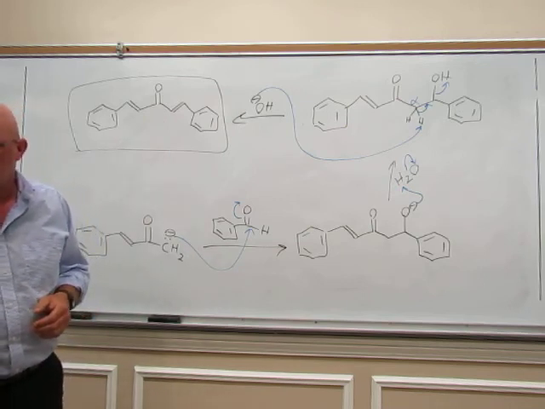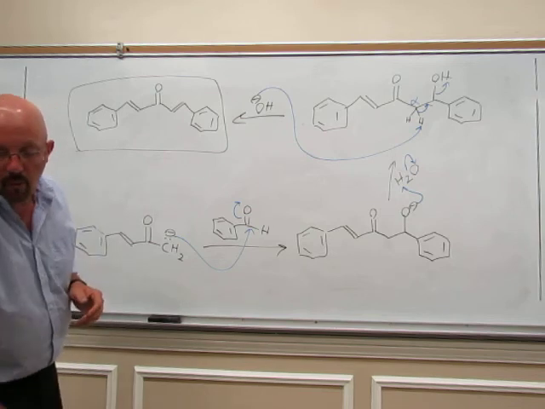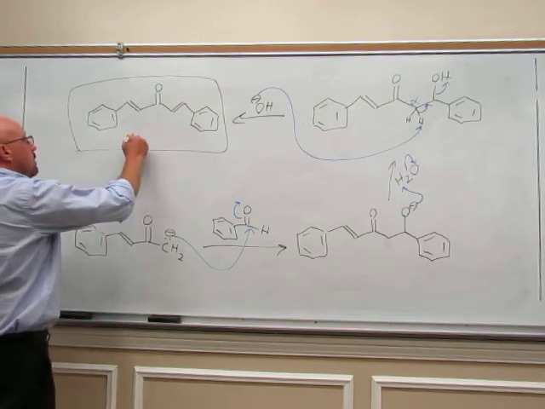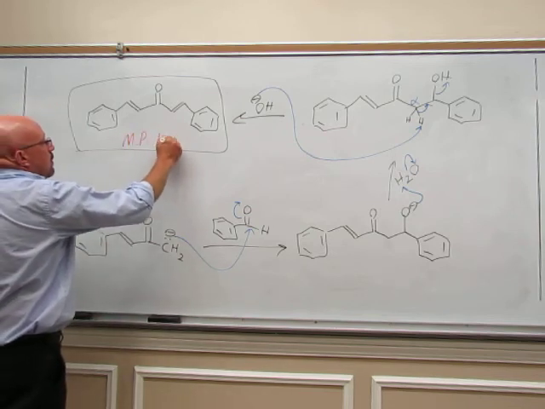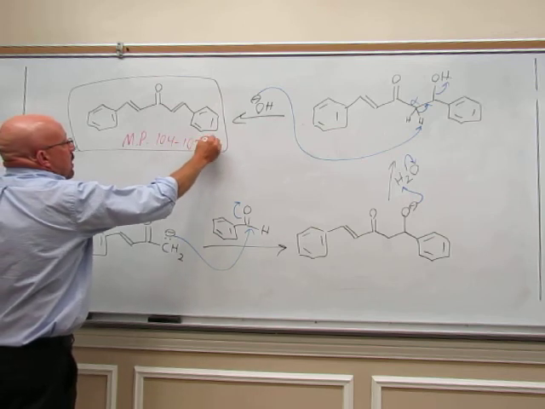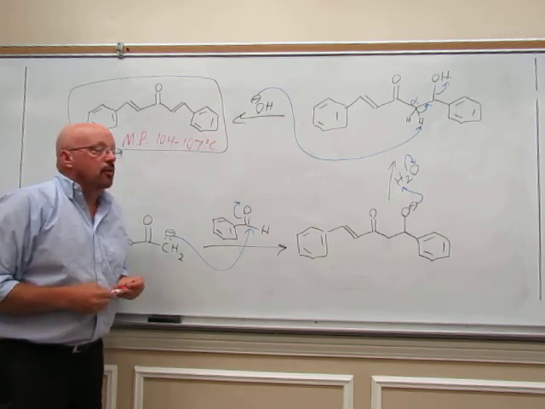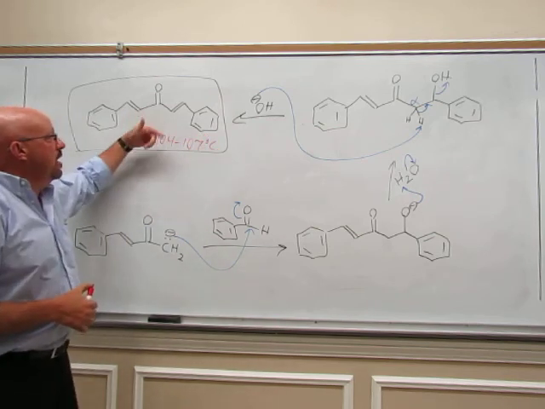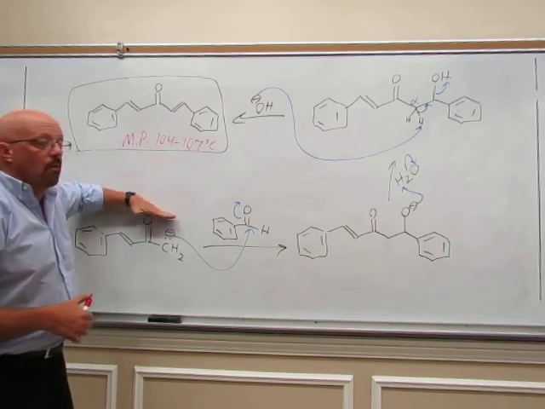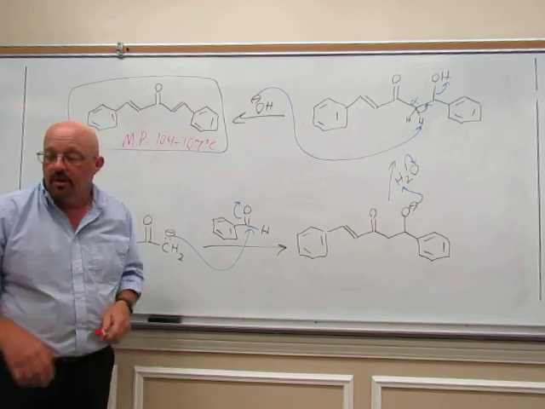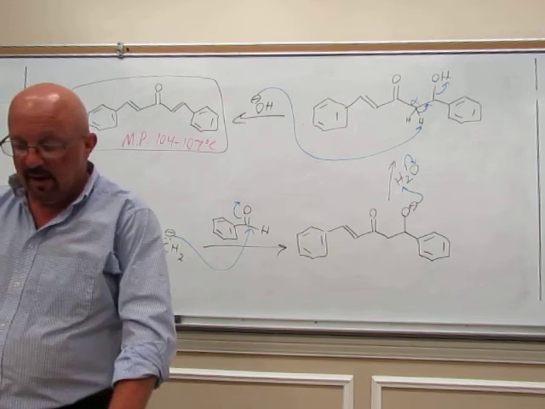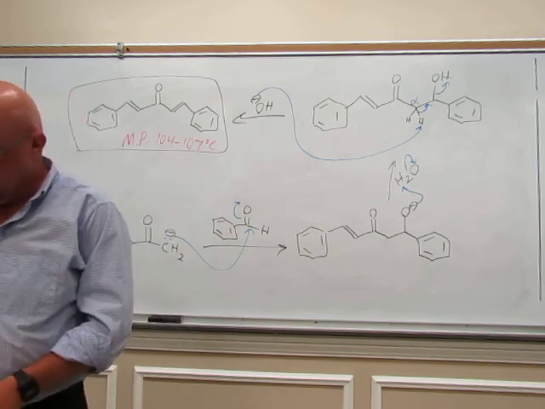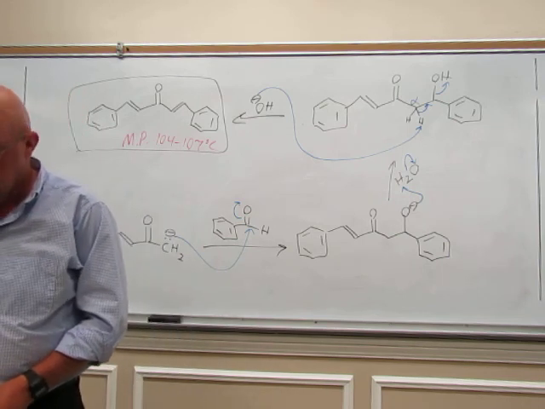Melting point of the trans-trans is 104 to 107. That's what I have written down. So if there was some cis-trans or a cis-cis, that would lower the melting point and broaden the range. So you will know if we have any of that present, but we shouldn't. The recrystallization should take care of that.